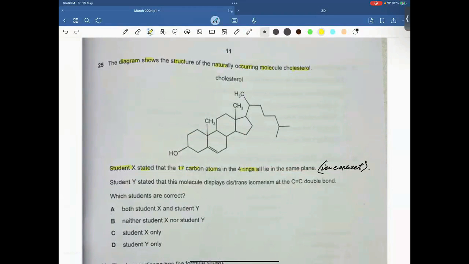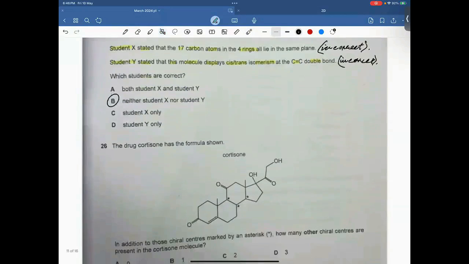Then student Y stated that this molecule displays cis-trans isomerism. By the way, I've told you in the class, when we have a cyclic ring with a double bond, then it exhibits only cis isomer, not trans, because of bond pair repulsion. So student Y is also incorrect. Neither student X nor student Y. B is going to be the right answer.